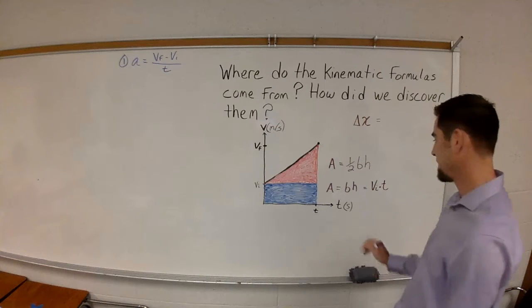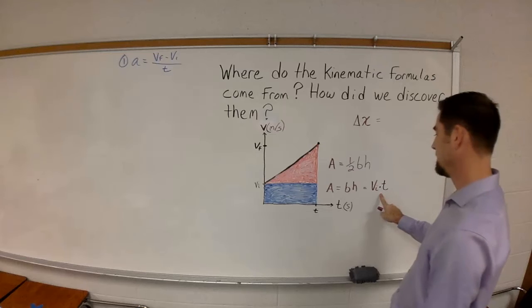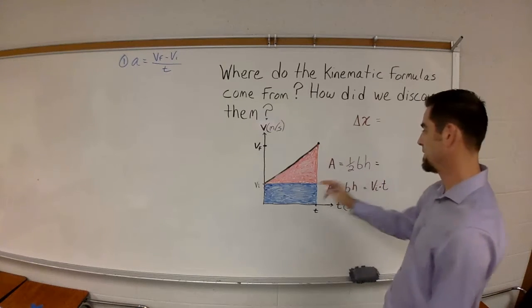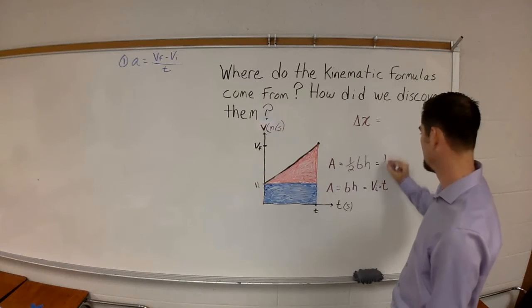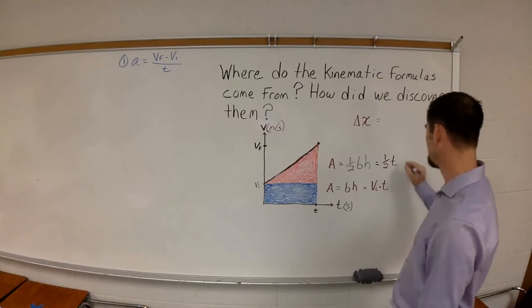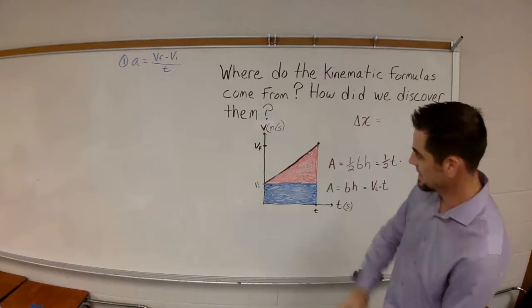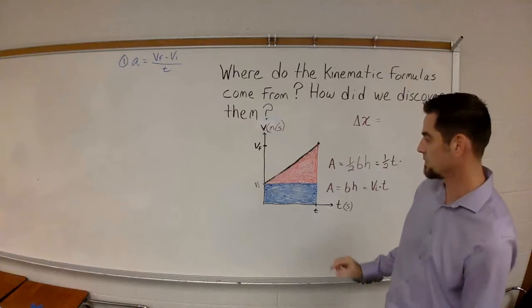So the area of the rectangle is initial velocity times time, and the area of the triangle is going to be 1/2 the base, which is time, multiplied by the height of the triangle, which in this case is final velocity minus initial velocity.